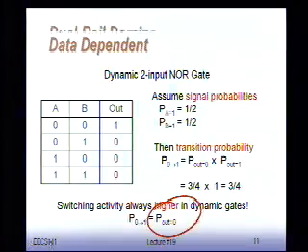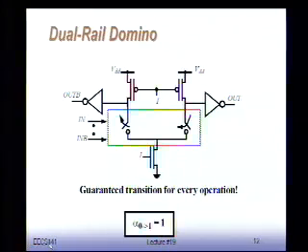I already analyzed that. By the way, take dual rail domino, the one we discussed last class. It's a cool idea, differential logic, differential pull-down networks. From a power perspective, not a very good idea, because what I'm doing here is guaranteeing that there's always going to be a switching event every clock cycle.